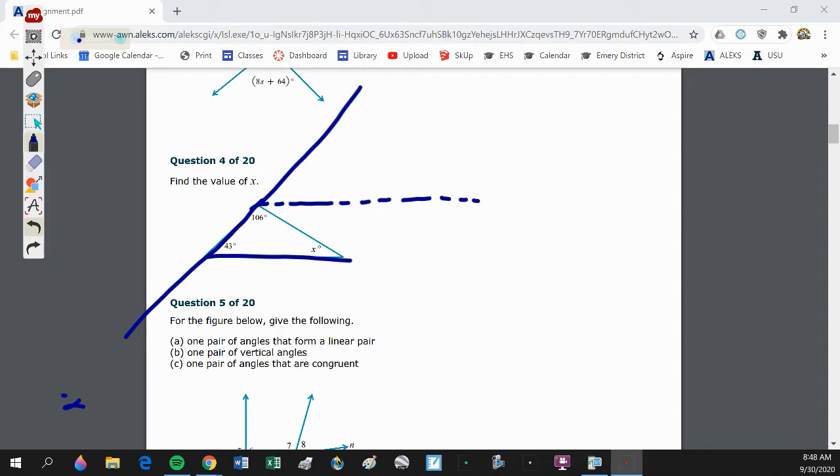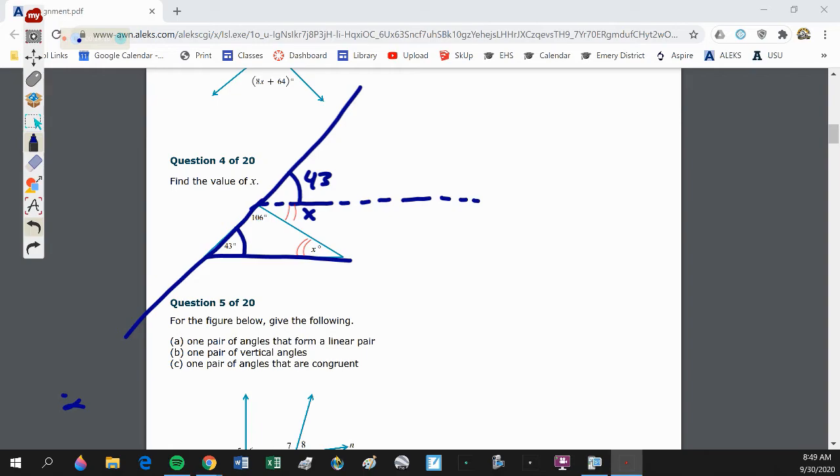Well, this angle and this angle are the same size. Would you guys agree? And it turns out that this angle and this angle are also the same size. So we end up with a linear triplet. This one would be 43, and this one would be x.